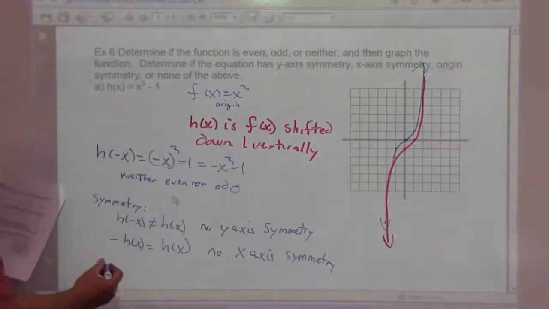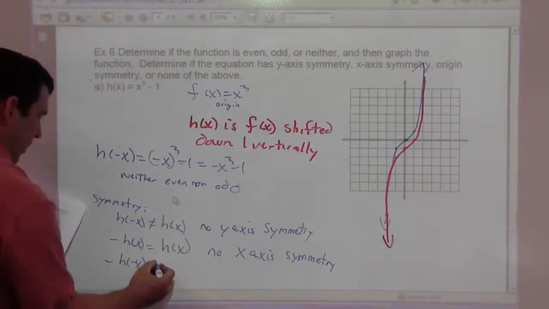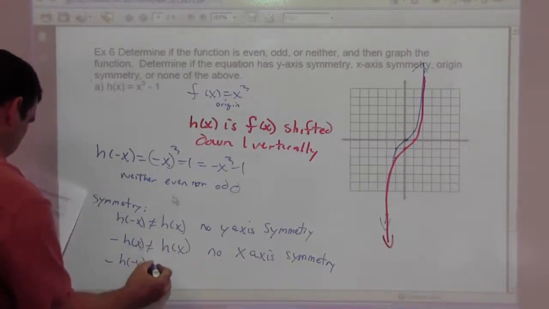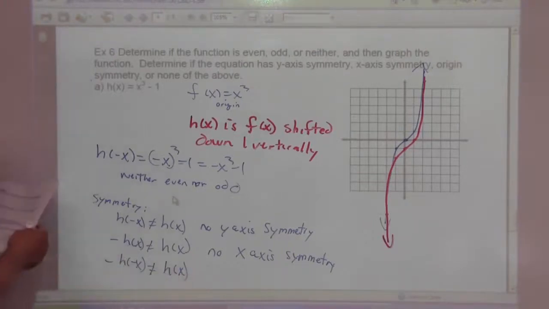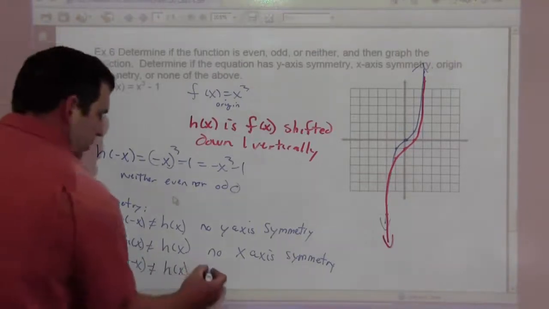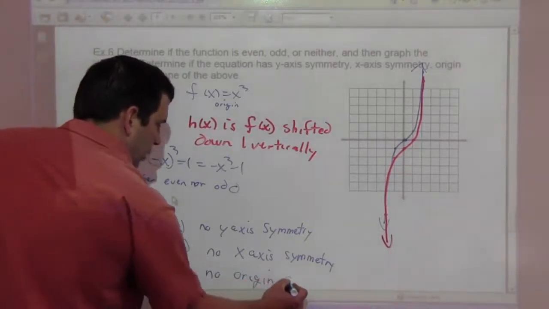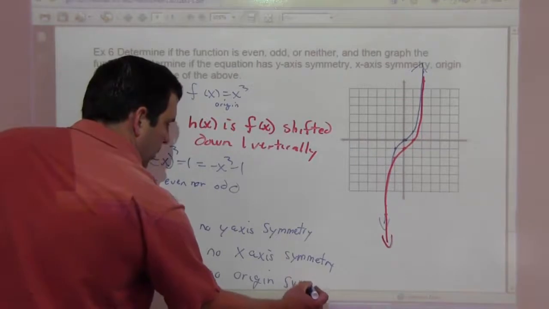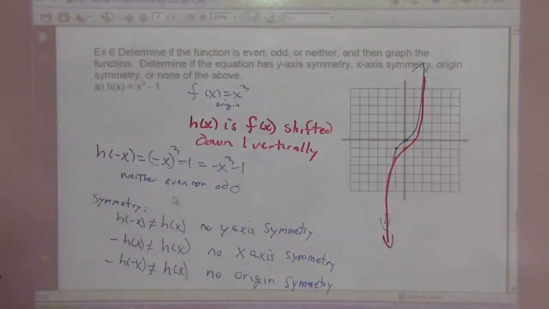And the negative of h of negative x is not going to be equal to h of x, so no origin symmetry. Okay, so it has no symmetry.